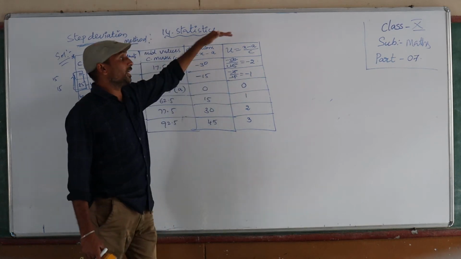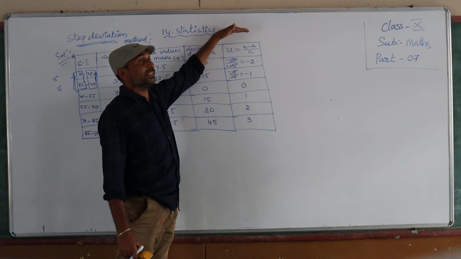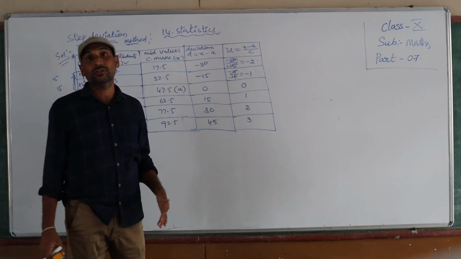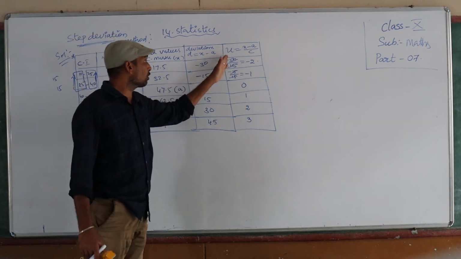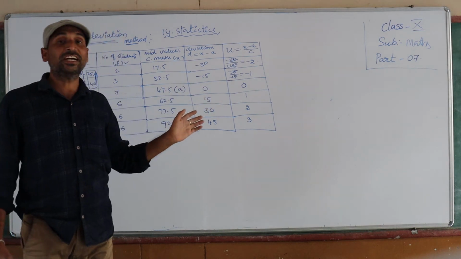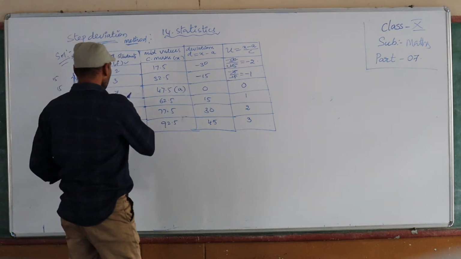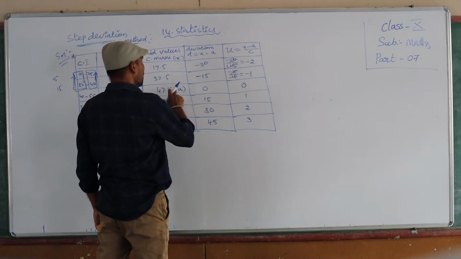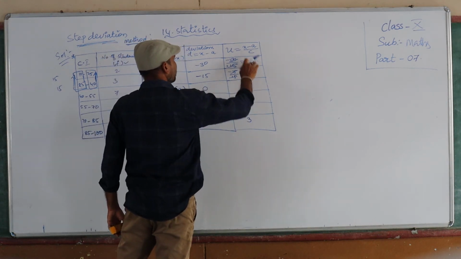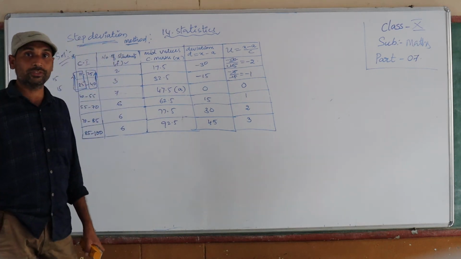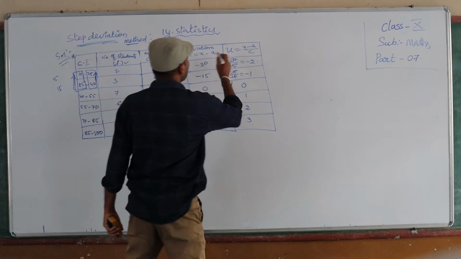Then upwards take minus 1, minus 2, minus 3, minus 4, and downwards take 1, 2, 3, 4. If you find it this way, you will get the same answers. So instead of that calculation, just write 0 for the assumed value, then minus 1, minus 2, minus 3 above and 1, 2, 3 below. Then this is u.